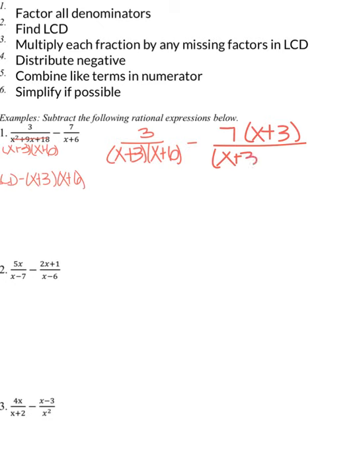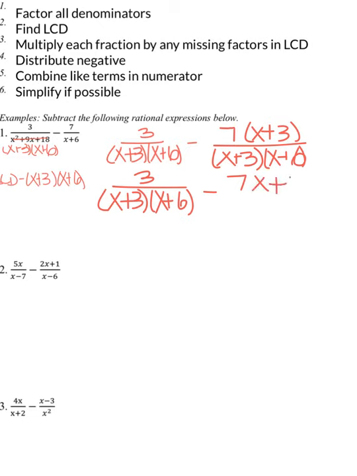You don't actually have to multiply the bottom out again. I suggest you just leave it alone. So you're going to actually multiply the top. So 3 divided by x plus 3, x plus 6. Then we have minus. This is now 7x plus 21 divided by x plus 3, x plus 6.